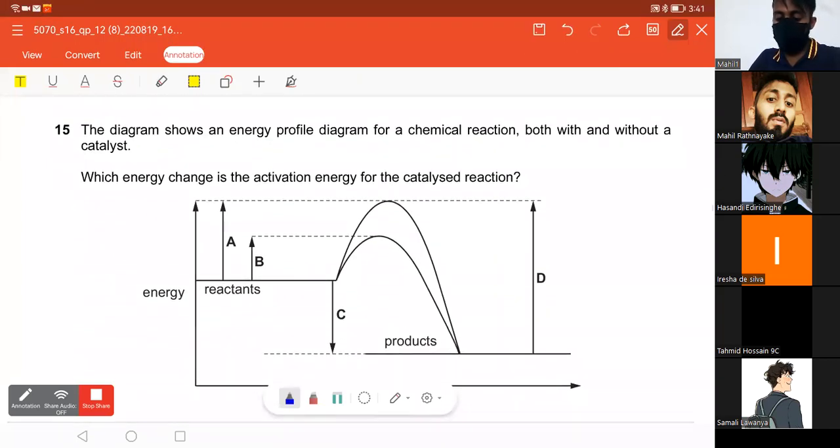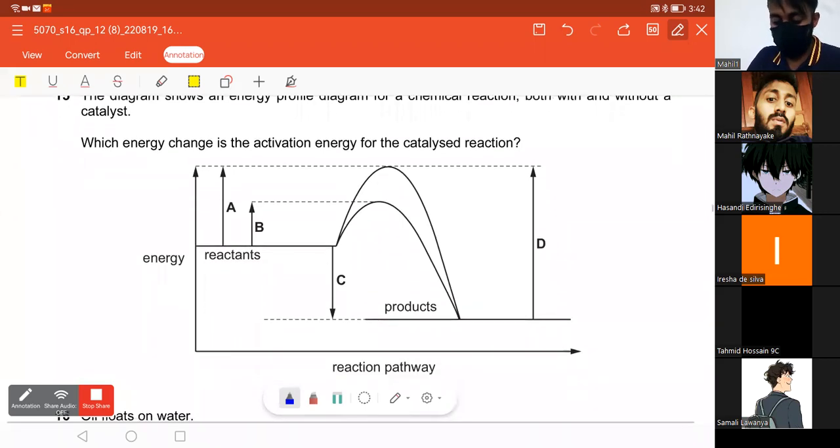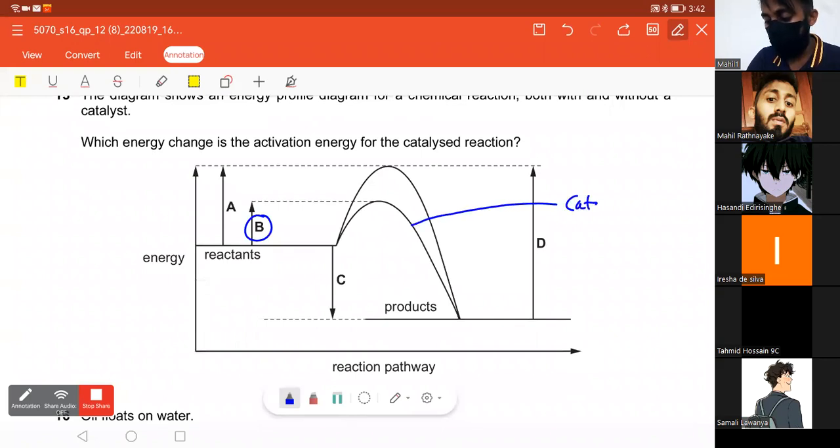The diagram shows the energy profile diagram for a chemical reaction. They are asking what is the activation energy for the catalyzed reaction. Why? Dilanya, when you use a catalyst, it decreases the activation energy. Therefore, answer is B. Now, this is the catalyzed reaction. Label.